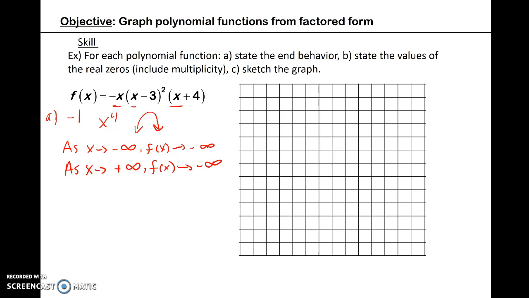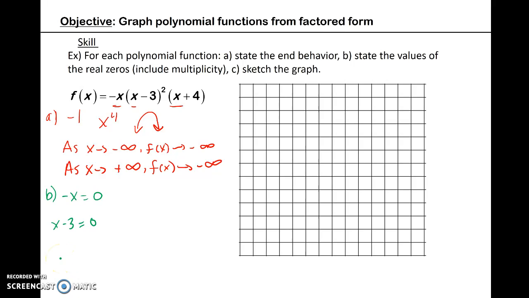Part B, we want to determine our real zeros. So I'm going to write each factor and set it equal to 0. So negative x, I'll set that equal to 0. I'll take x minus 3, I'll set it equal to 0.